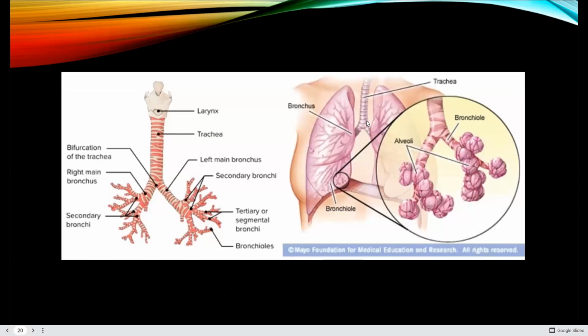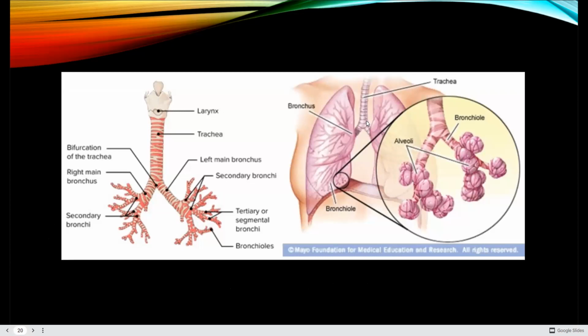So this is your larynx. This is your trachea. This is your bronchi. Two bronchi, singular bronchus. Left and right main bronchus.